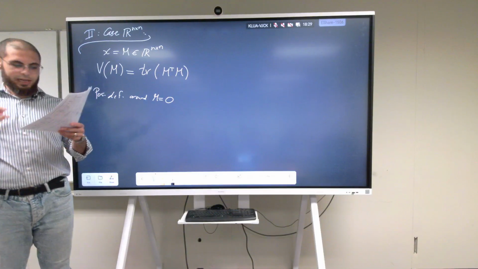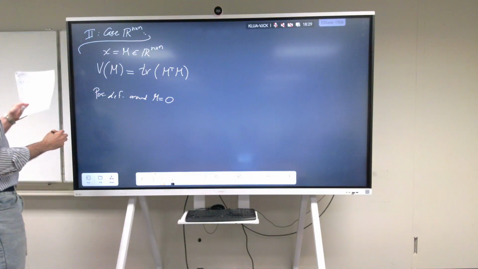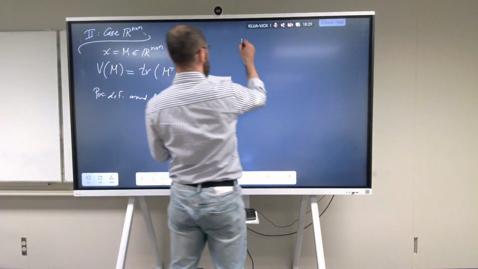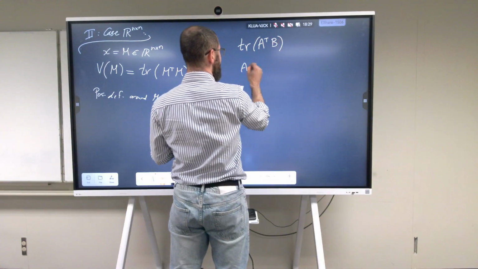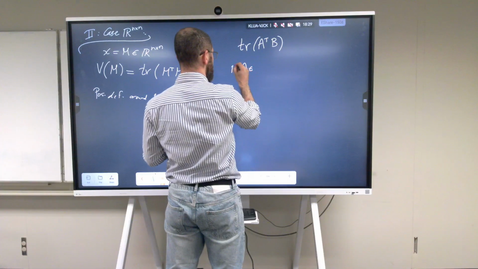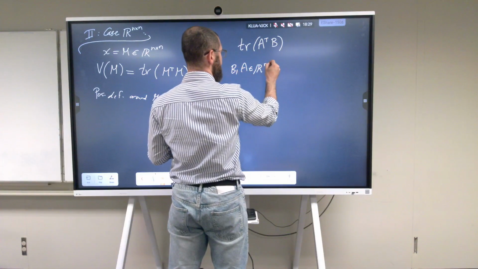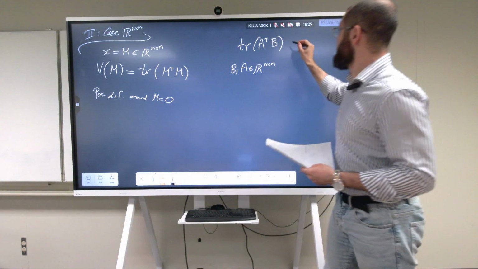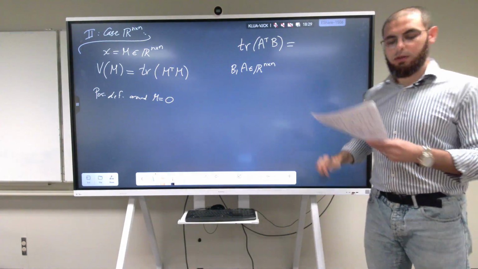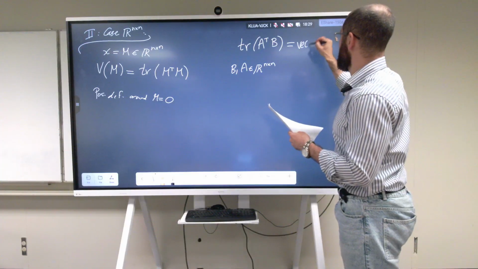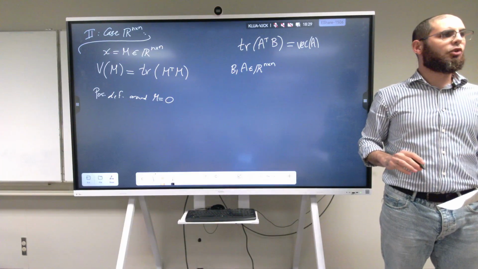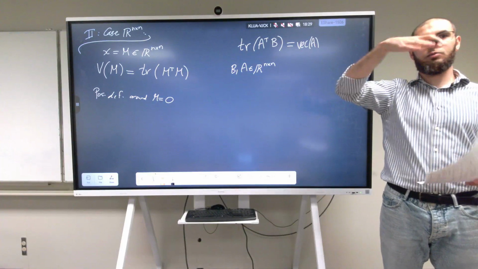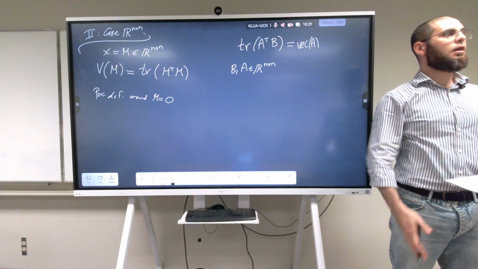And you can actually see it by a very nice identity. The identity is as follows. If I have the trace of A transpose B, where A and B are both n by n matrices, then this is equivalent to the vectorization of A. You remember what the vectorization was? You just take this matrix, rows and columns, and you make them into one big vector.